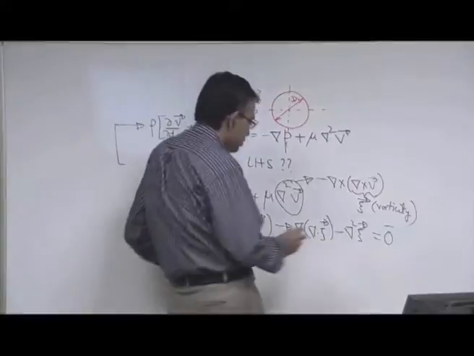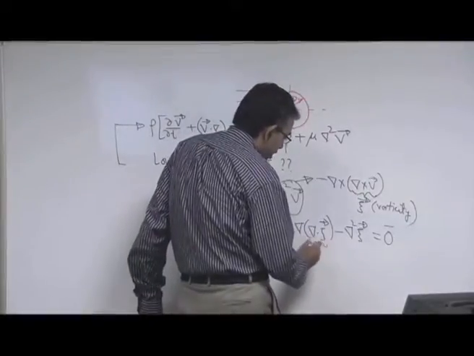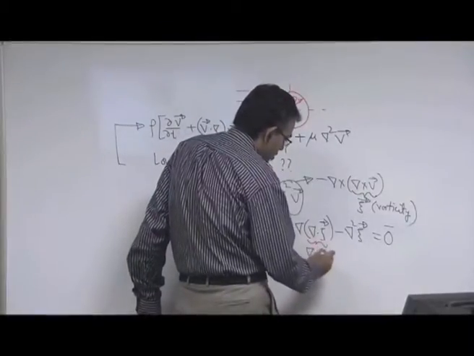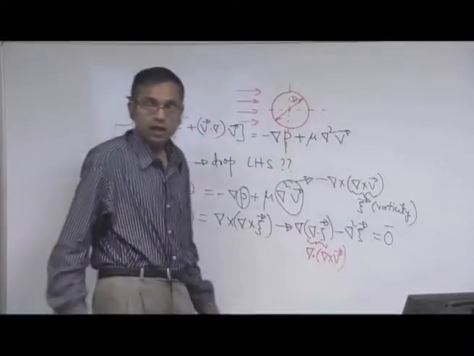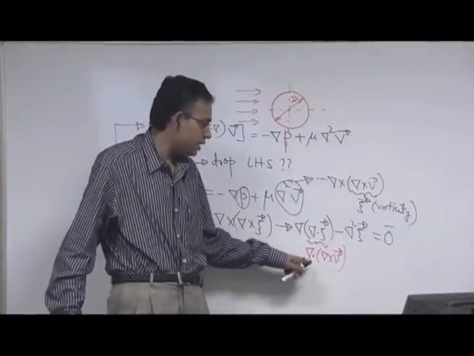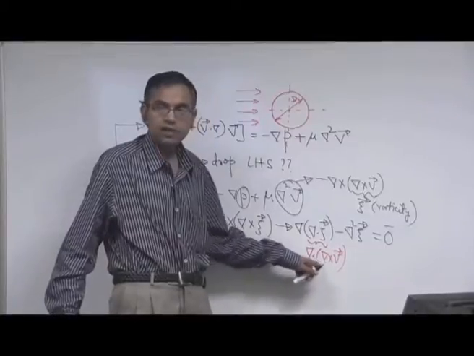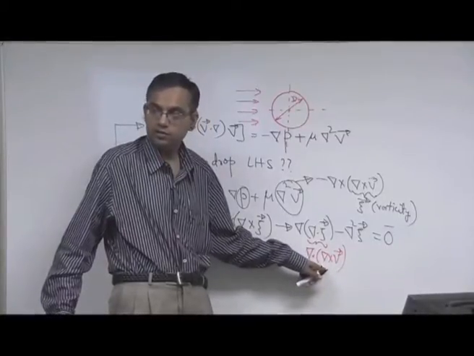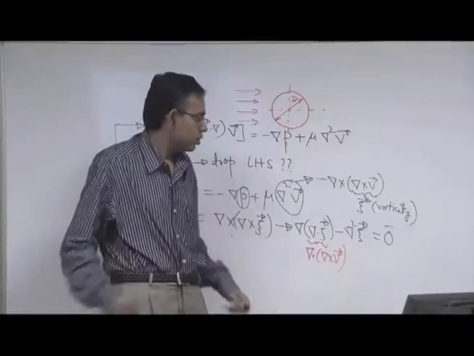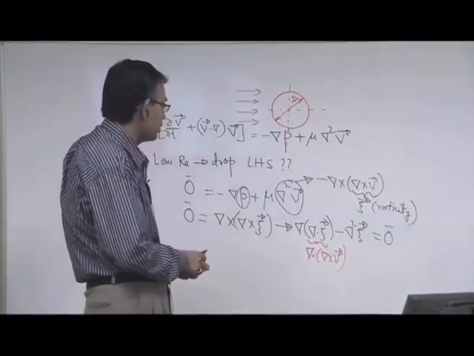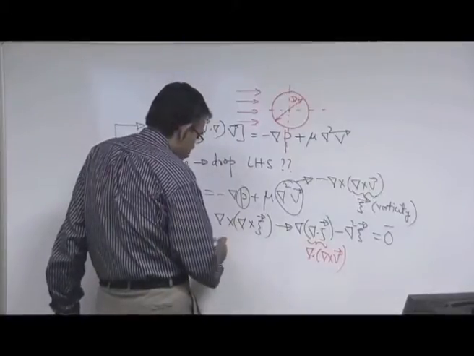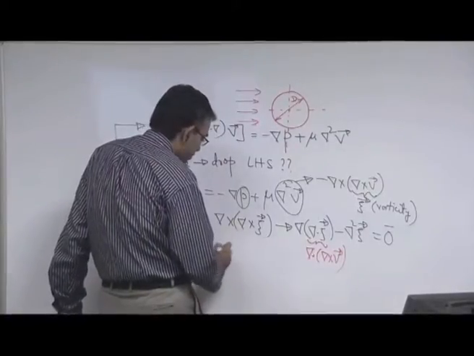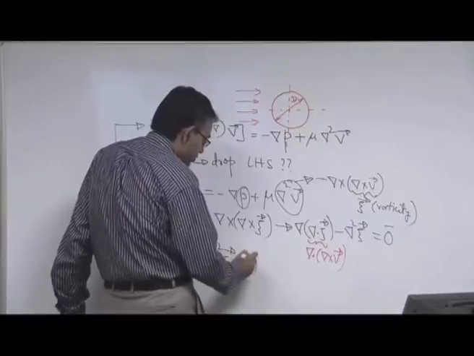Now, what is this? This is del dot del cross V, and by a vector identity this is 0, divergence of curl of a vector is 0. So, we are left with del square of zeta equal to 0.